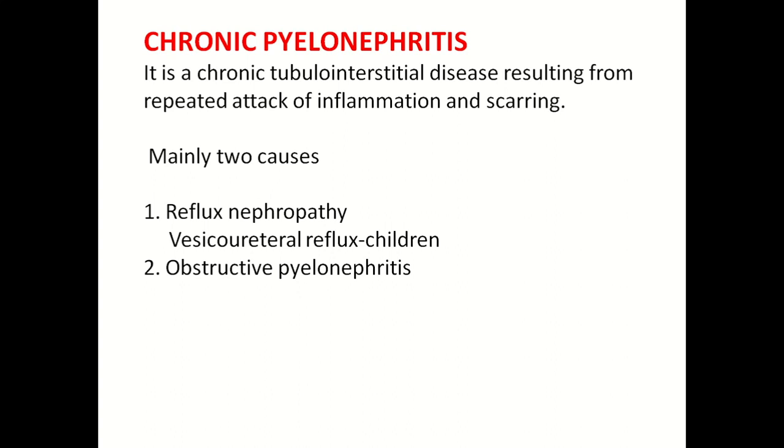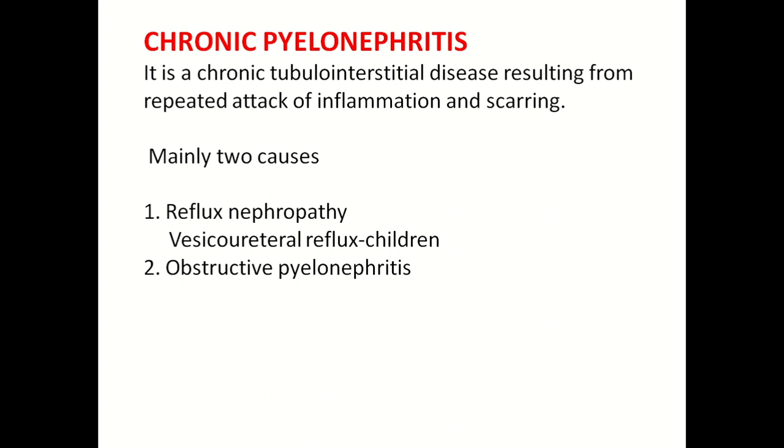Now come to the topic of the chronic small contracted kidney, in which the first cause is chronic pyelonephritis. It is a chronic tubulointerstitial disease resulting from repeated attacks of inflammation and scarring. If acute pyelonephritis has not been treated properly, repeated attacks of inflammation and scarring may convert it into chronic pyelonephritis.